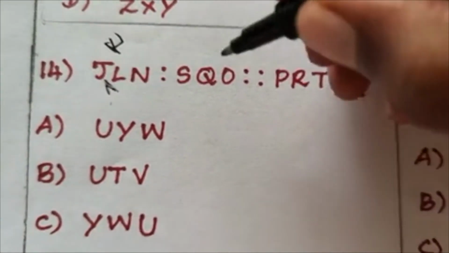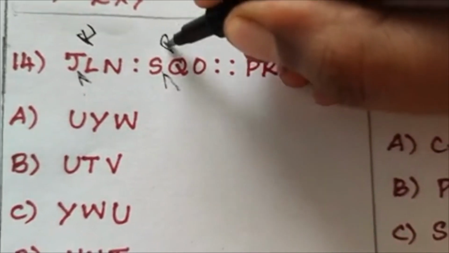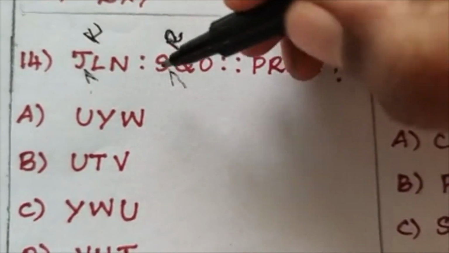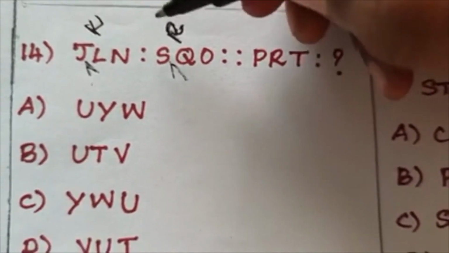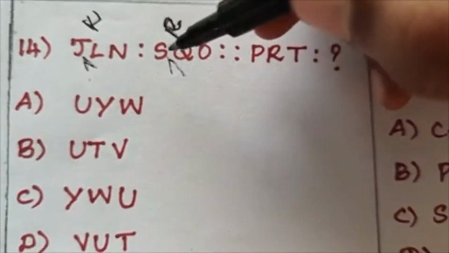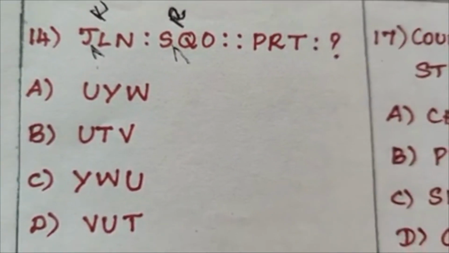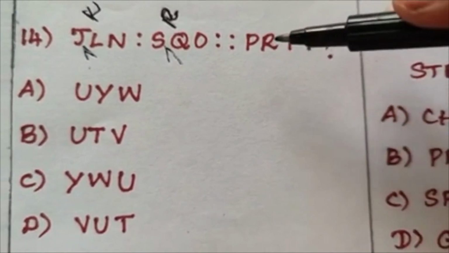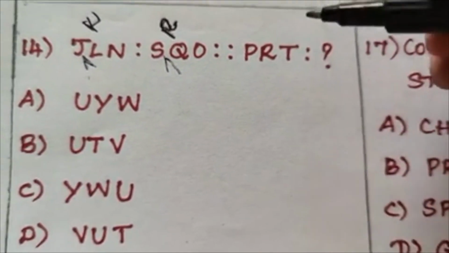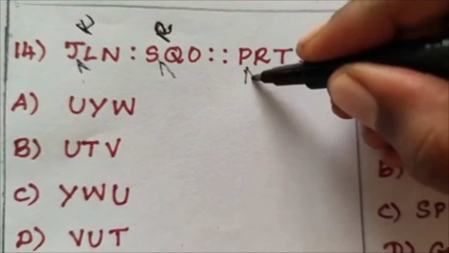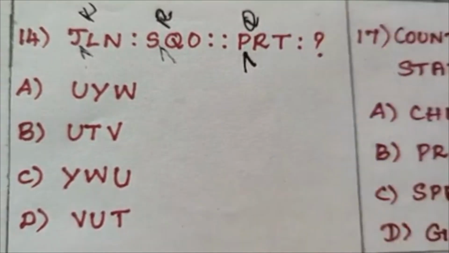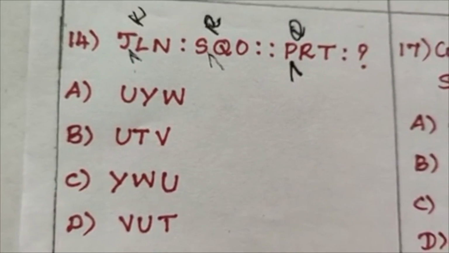Between S and Q, there is one letter, R, but it is in reverse order: S, R, Q. Similarly, P, Q, R. Between these two letters, Q is missing. Now we want to find which one is the correct answer, right?